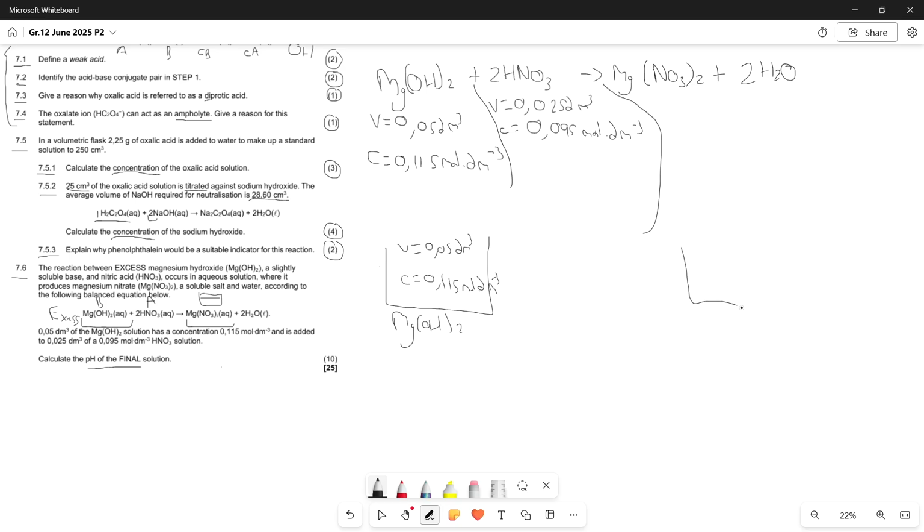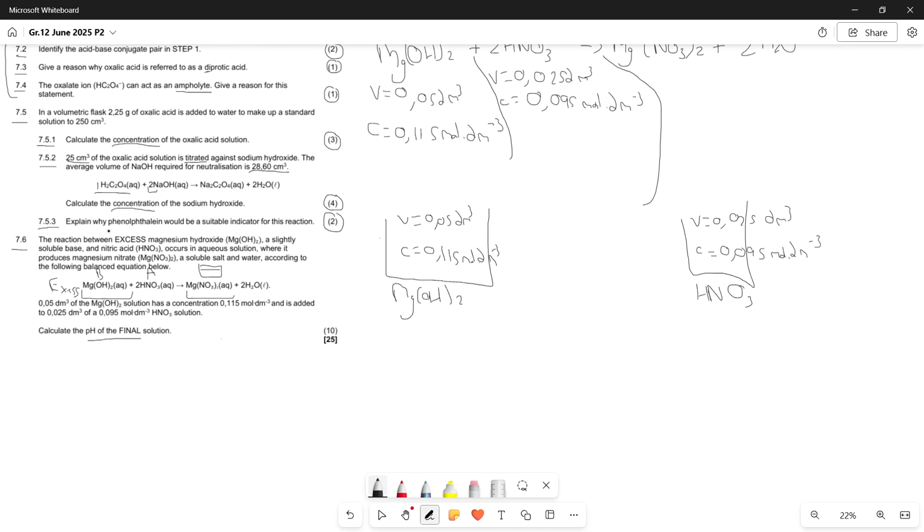And then in a different beaker over here, which is our HNO3, we have a volume of 0.025 and a concentration of 0.095 mol.dm^-3. So right now these have different concentrations, different amounts of solute in water for that analogy, and different volumes. So they're different sized beakers. This one's a little bit smaller than this one.